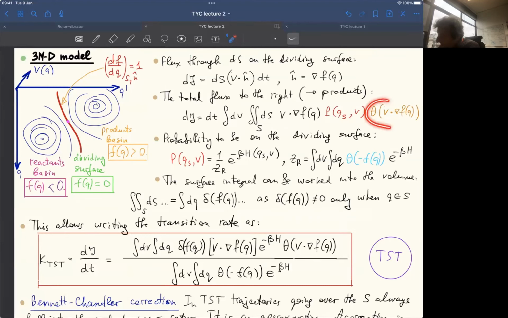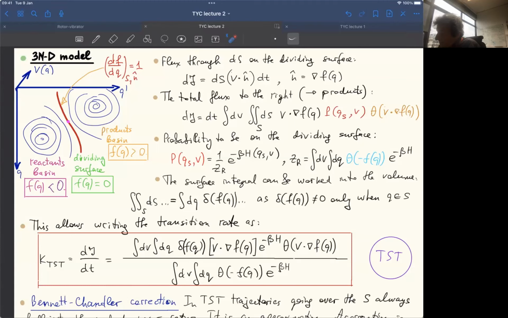So that's why we have this Heaviside function. If these two vectors, v and the gradient of the dividing surface function, have a dot product that is negative, then this Heaviside function is 0, so we would exclude this. How this is done in practice, this calculation, we will see in a second. But this is just our derivation for now.